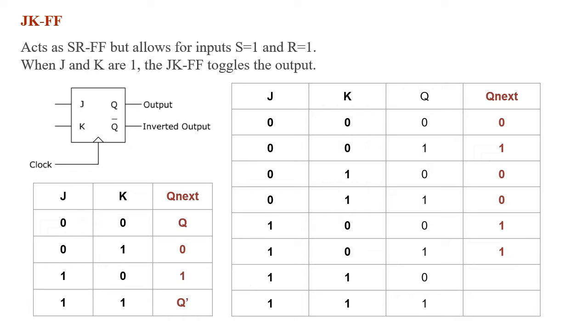Someone named Jack Kilby made some improvement on the SR flip-flop and renamed it so that it became the JK flip-flop. So with the JK flip-flop, J is equal to S in the SR flip-flop. So J means set or S, K means reset or R in the SR flip-flop.